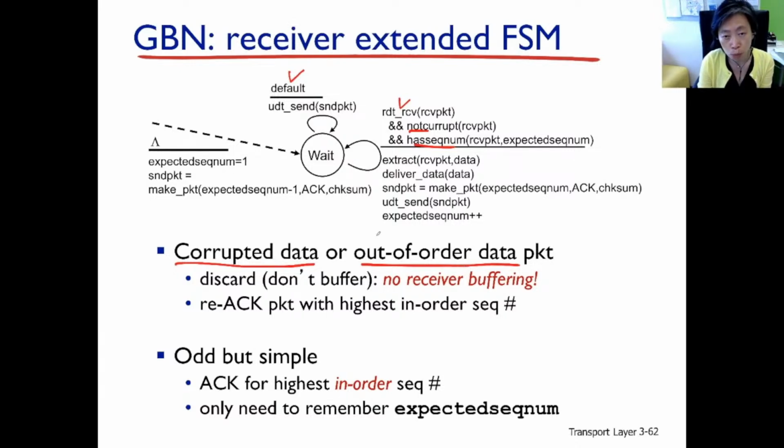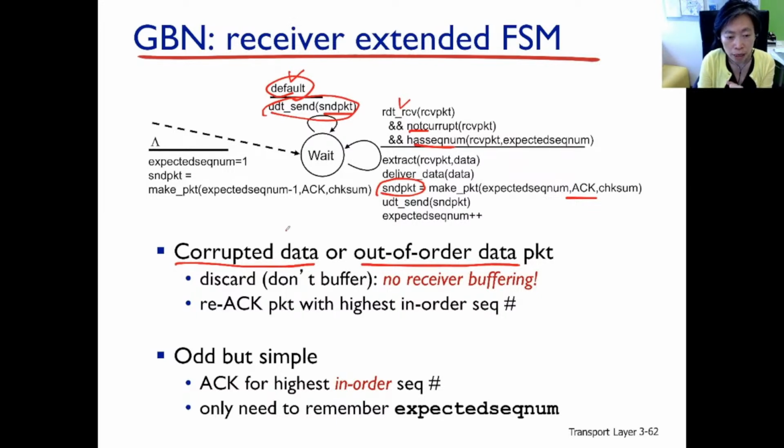Now this could be a duplicate data packet. This could also be a data packet carrying a future sequence number. So in either case, the default is just to send the same packet again. That is the ACK packet that was generated previously, when data arrived correctly and in sequence.